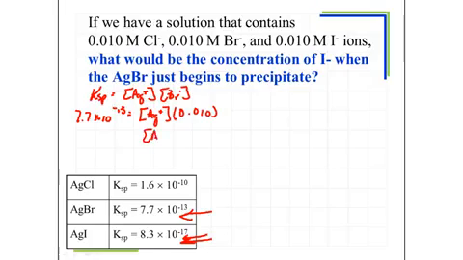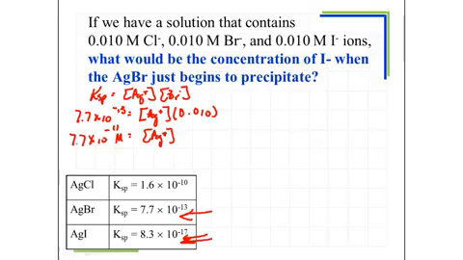So the silver concentration that's just going to get this silver bromide to precipitate is going to be 7.7 times 10 to the minus 11. Okay, so as soon as I get the concentration of silver to that amount, finally the silver bromide is going to precipitate.